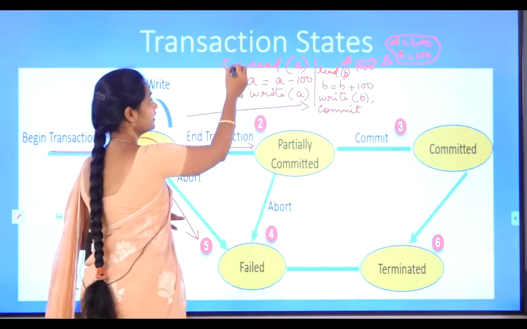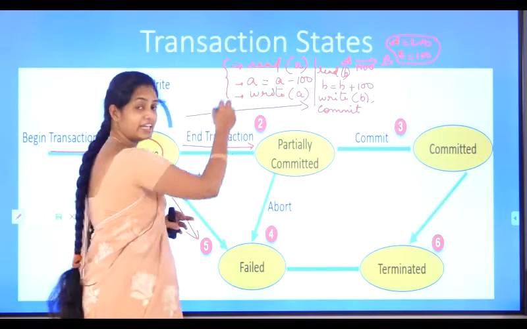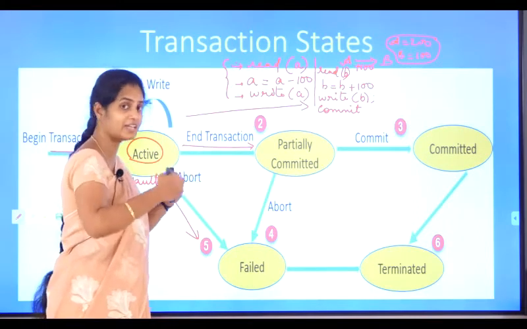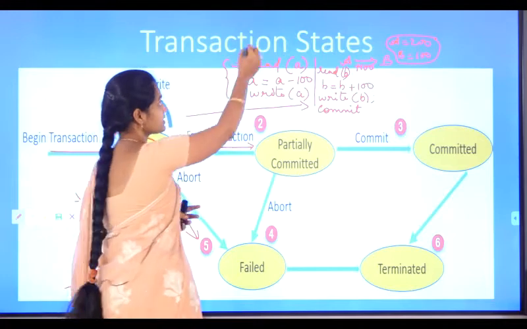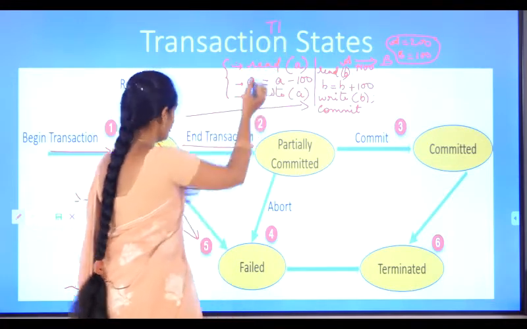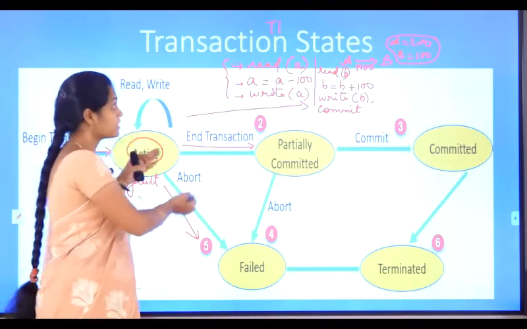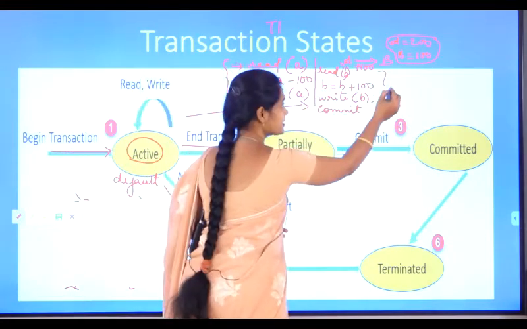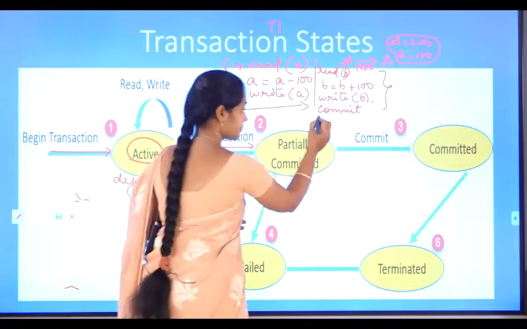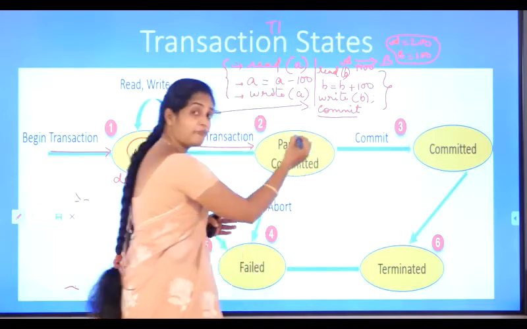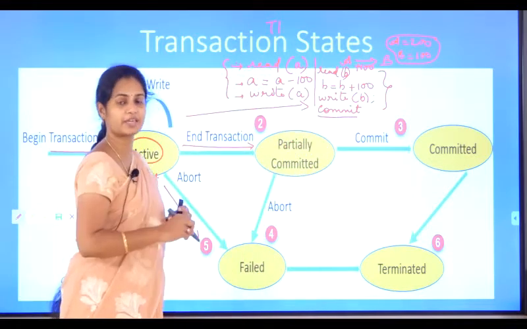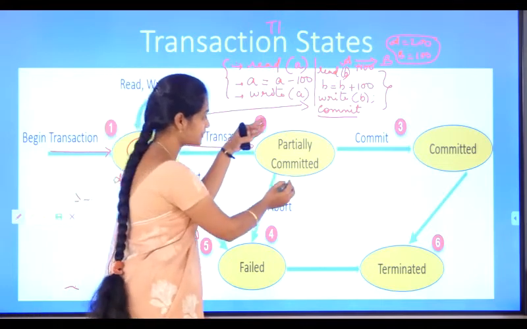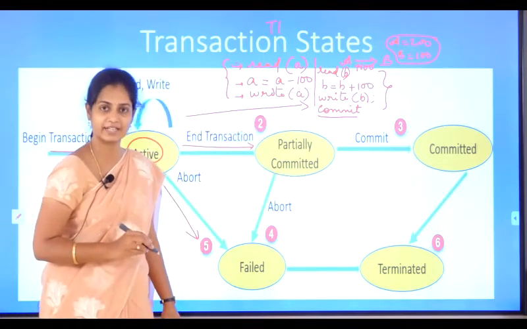Here, before reading A, before accessing my account, I will start my transaction. So this entire transaction T1 will be in an active state, and in between we are performing all these operations. Before commit, whatever instructions we have will be in a partially committed state.